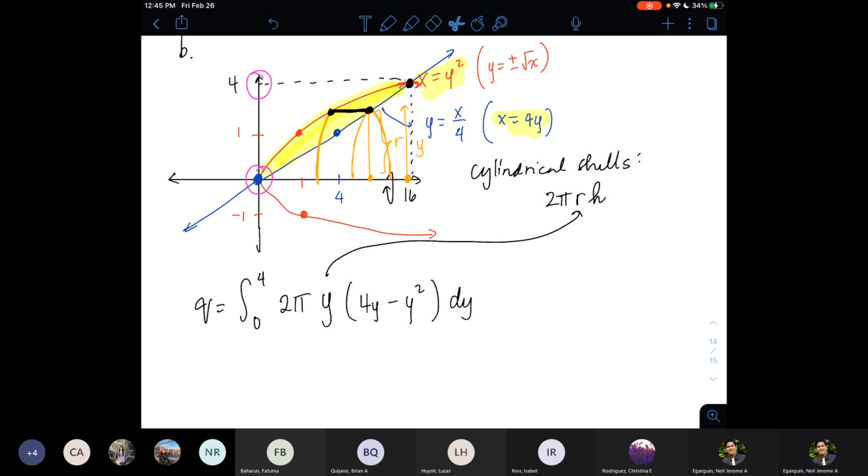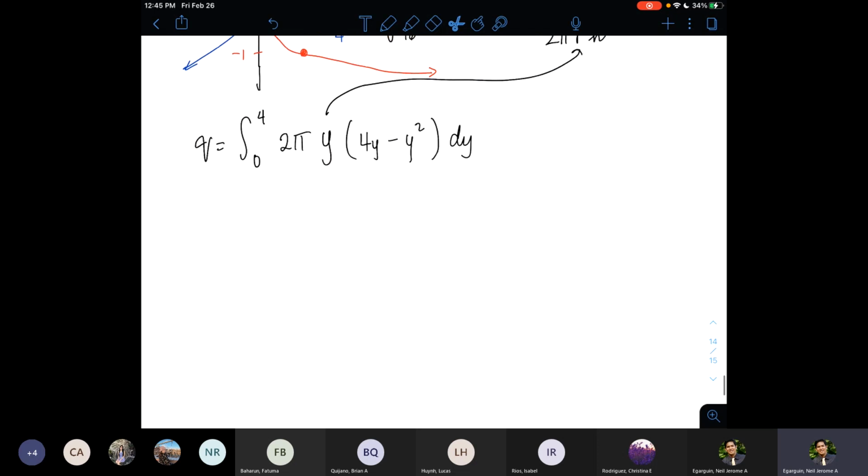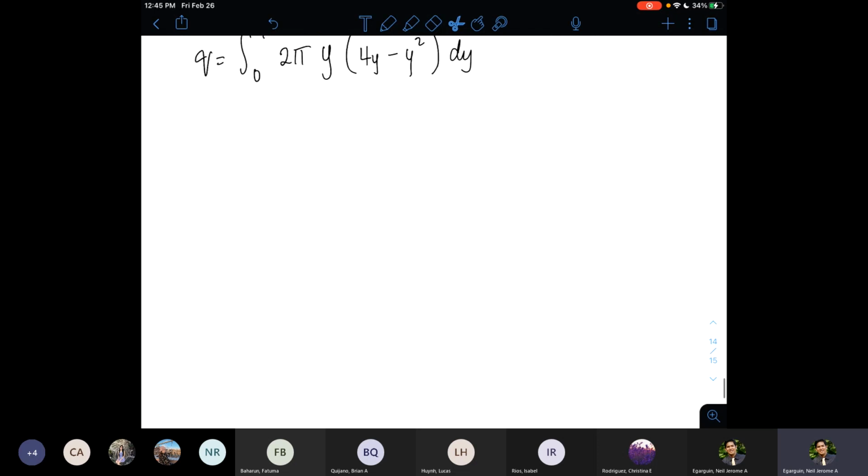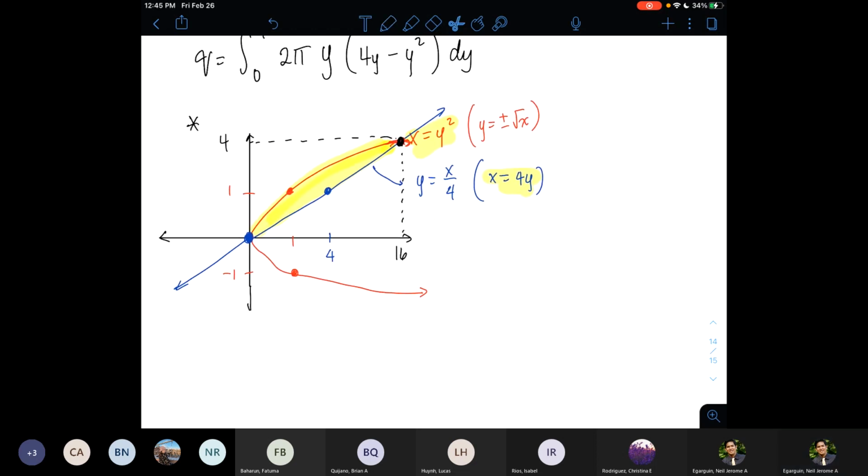All good? Yes. Okay, now let's play a little bit, and I'll diverge from the questions there and give you this additional one. Same region. But let's say the axis of revolution is at y equals -2 instead.